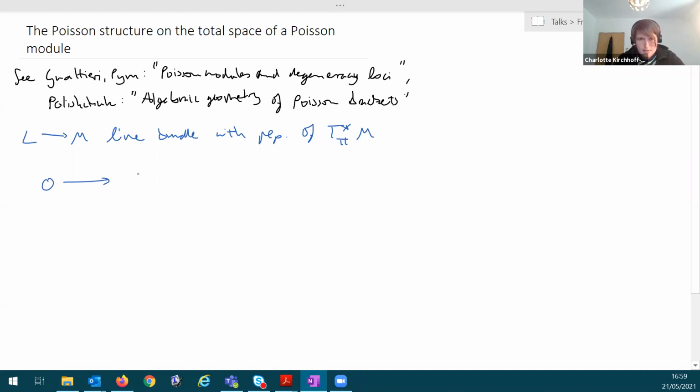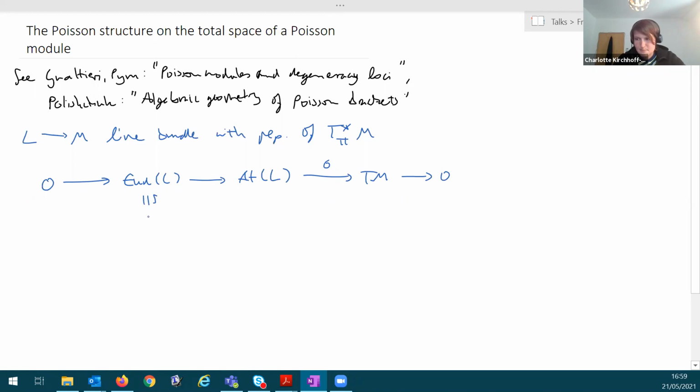So the Atiyah algebroid, recall, is the bundle whose sections are derivations on the vector bundle, and this always fits inside such a short exact sequence. So here are the derivations. They get mapped to the underlying vector fields, and the kernel of this morphism is precisely just endomorphisms of the line bundle, or of the vector bundle in general.